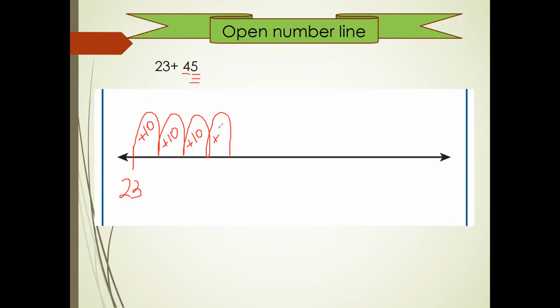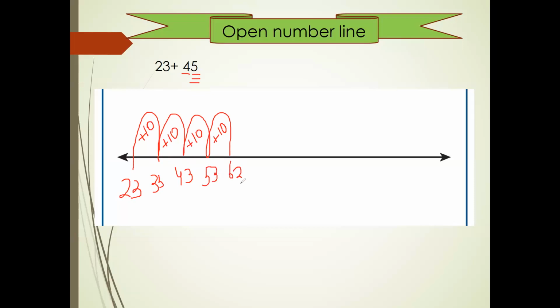What is very important in using this strategy is that students should know how to count by tens. What we are learning in class: 23, then should be 33, then 43, then 53, counting by tens, adding plus 10, and 63.